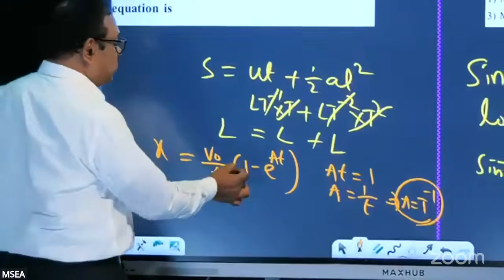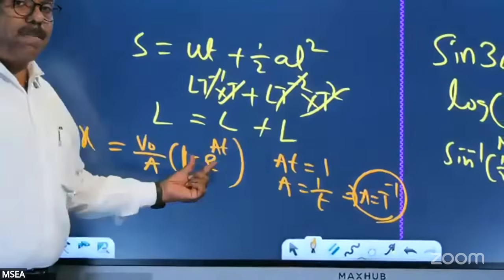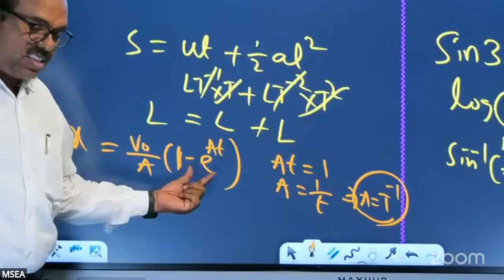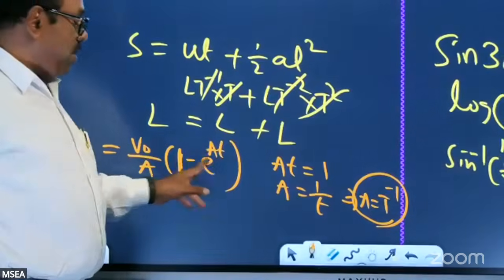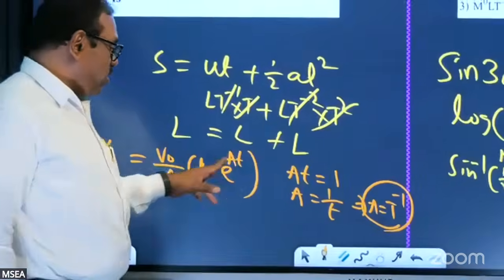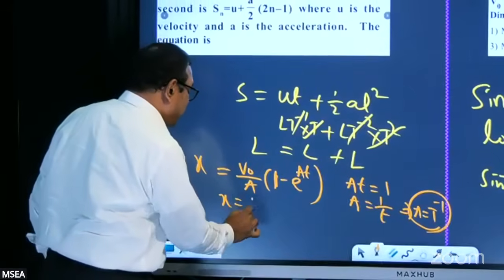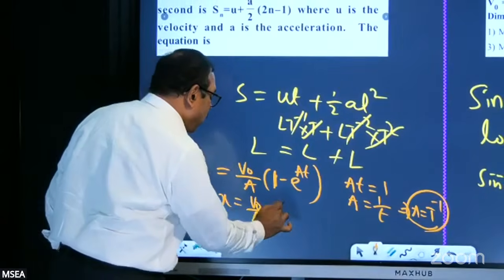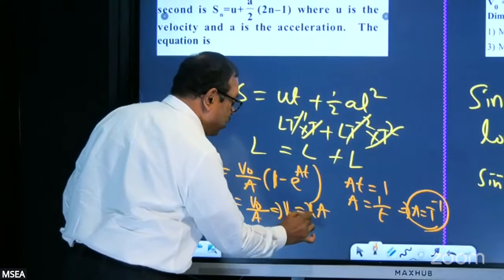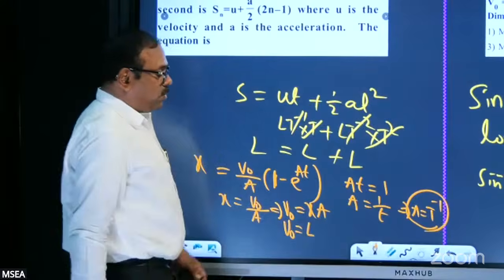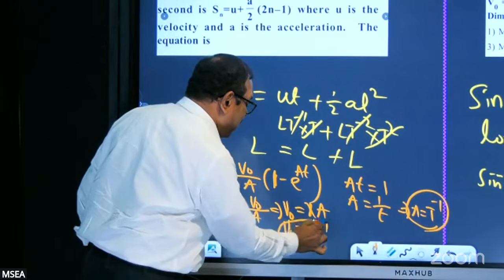Now this one is a number. This one is also, according to the principle of homogeneity, wherever plus or minus is there between two quantities, they should have the same dimensional formula. This is dimensionless, even this is also dimensionless. The whole thing is dimensionless. Therefore, x is equal to V naught by A, or V naught is equal to x into A, or V naught is equal to, x is L because it is the position, A, just now we got the dimensional formula, t power minus 1.